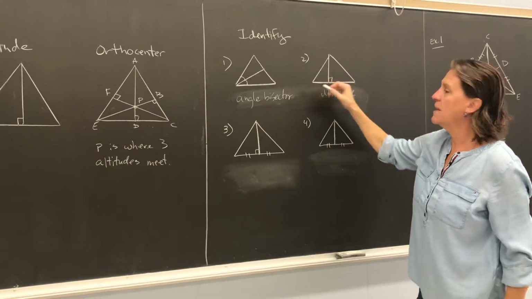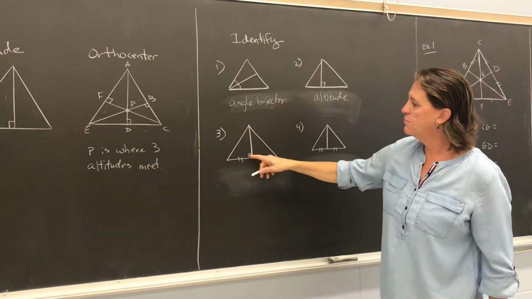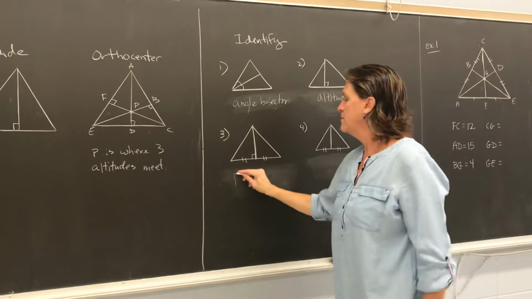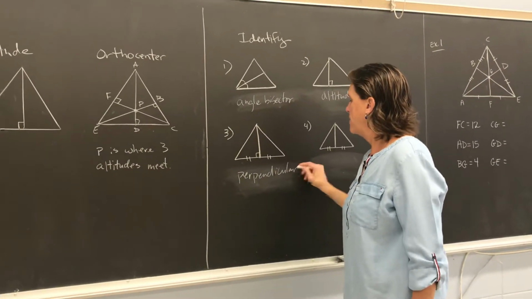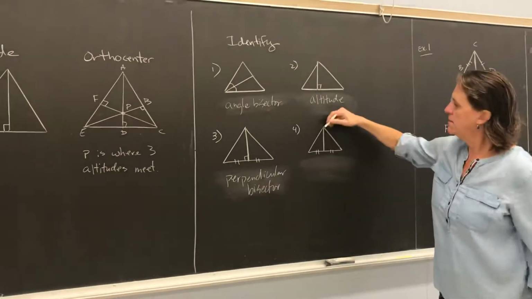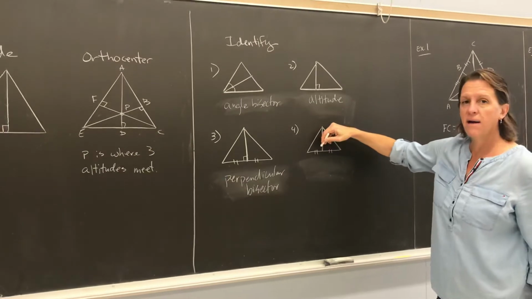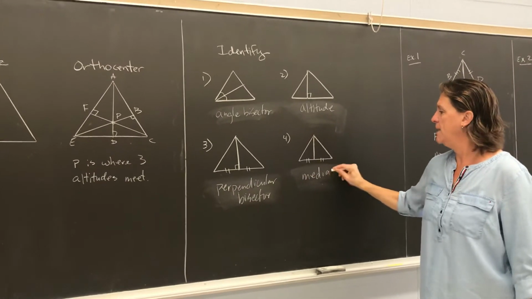Now notice it does not cut the bottom in half, that's what makes it different. This one, oh look, it's right angle and cuts it in half, so this is your perpendicular bisector. And then this one just cuts a side in half, nothing else. So that's our new one again, which is called a median.